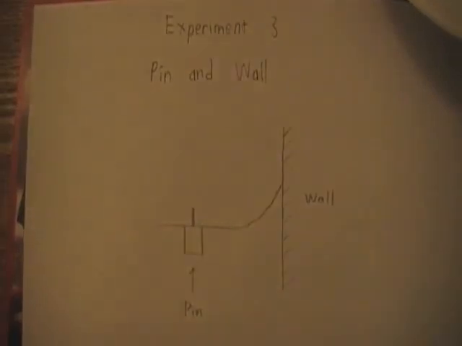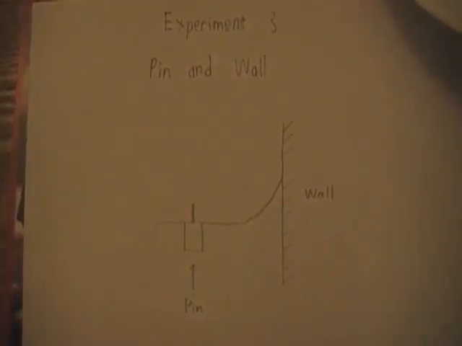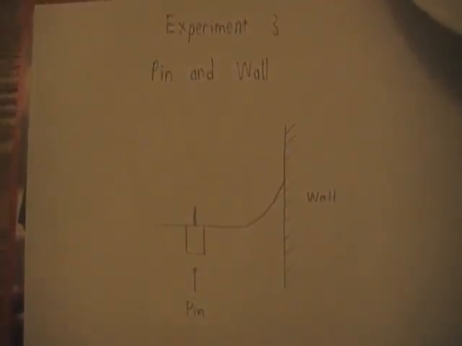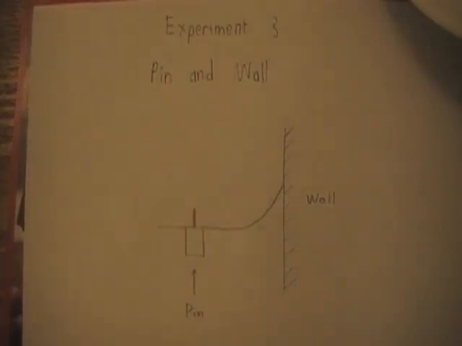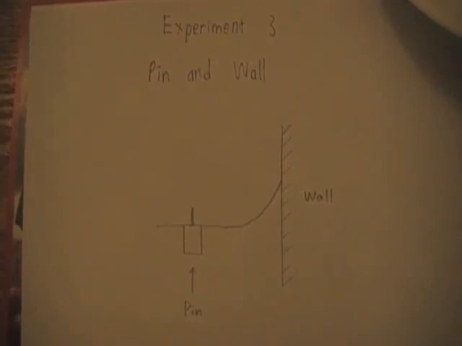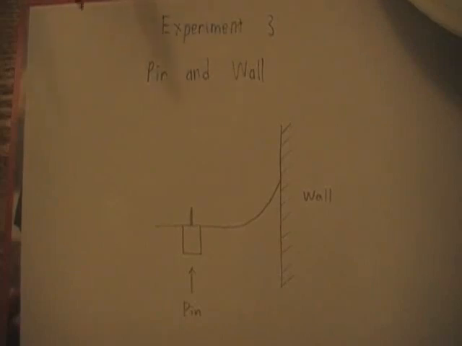Experiment 3 shows the interaction between a pin and a wall. Now this is a little different from how Cheerios would behave, because the pin is actually more dense than the water that it's floating in, meaning that the gravitational force is actually greater than the buoyancy force. In this case, the only reason that the pin stays floating is due to surface tension.